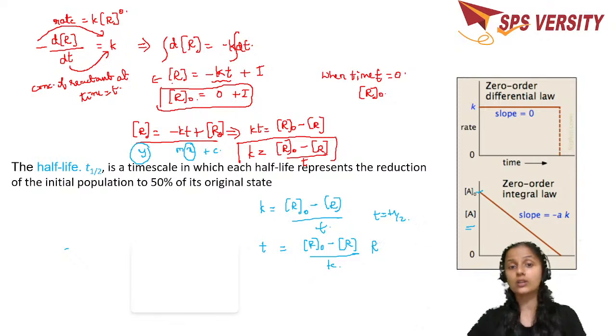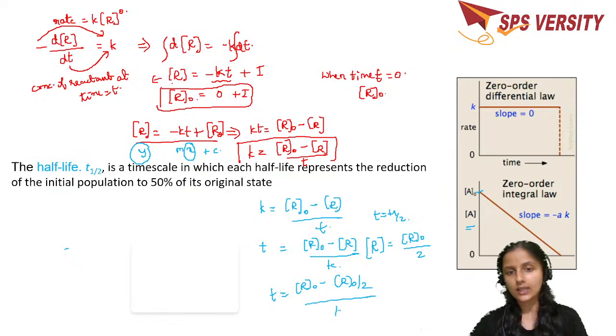The initial concentration R naught will not change, but the concentration R is equal to R naught by 2. It exactly reduces to half of the initial concentration. So this becomes R naught minus R naught by 2, whole thing divided by K.